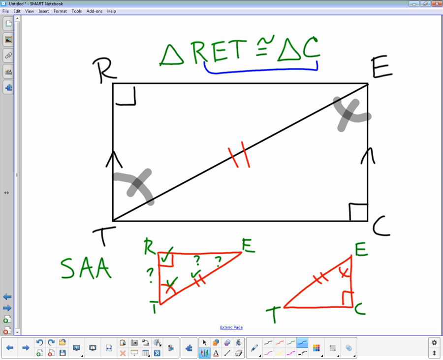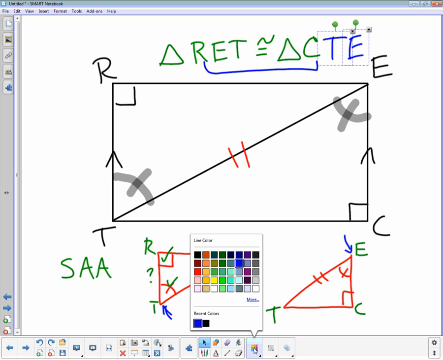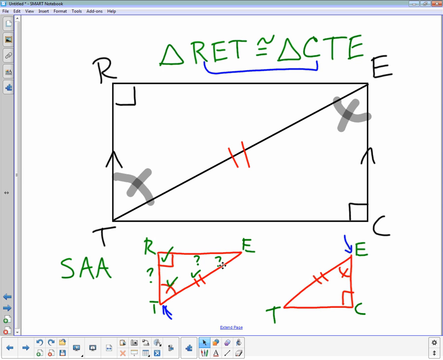He goes over to T. And T on this triangle goes to E. So they don't necessarily have to go to the exact same letter, especially if it's been flipped around.